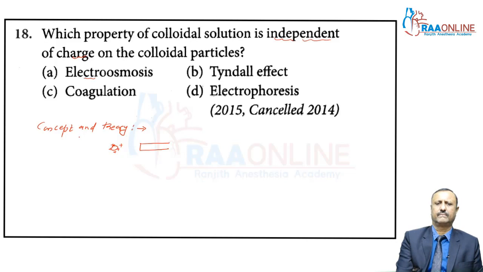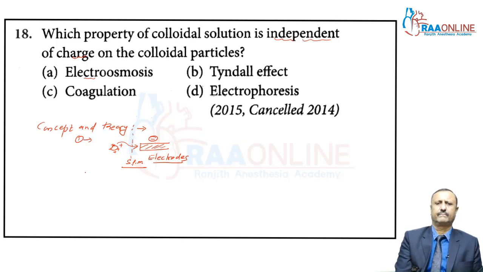If you see this is the electrode, and this is the oppositely charged electrode, the colloidal particles move toward the negatively charged electrode. Here you can see the SPM, the semi-permeable membrane. So this is called electroosmosis.